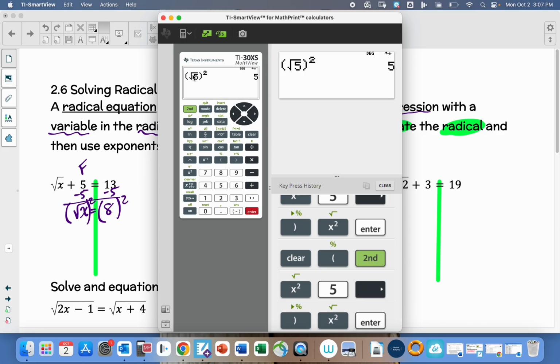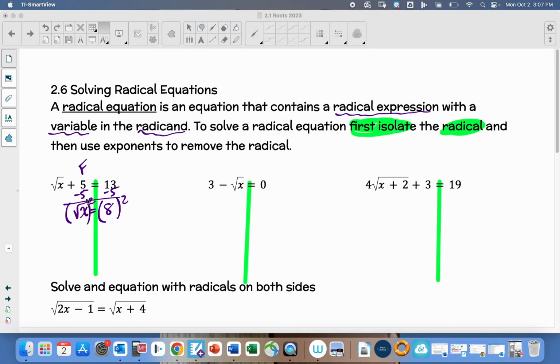So to undo a square root, you square, and the number just comes out. So the square root of x squared is just x, and then 8 squared is 64. And then it's always a good idea to plug back in and check it. So if I put 64 under the radical, 64 is 8 plus 5 is 13, so it checks.